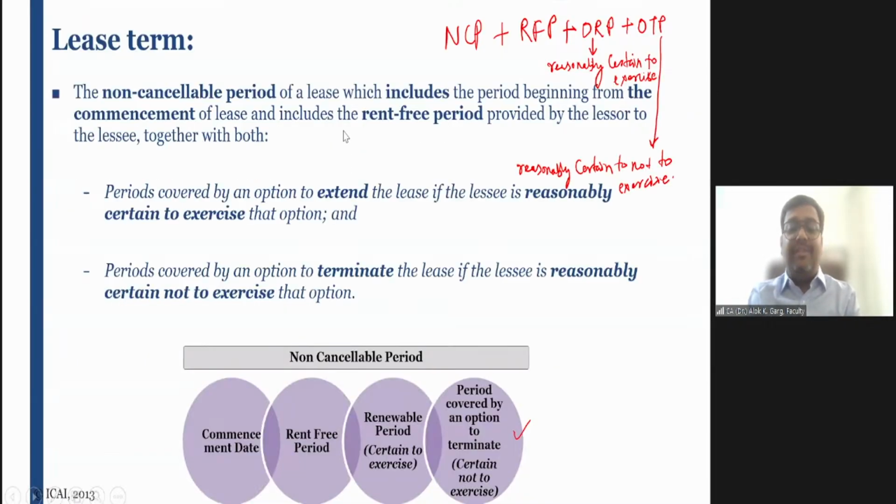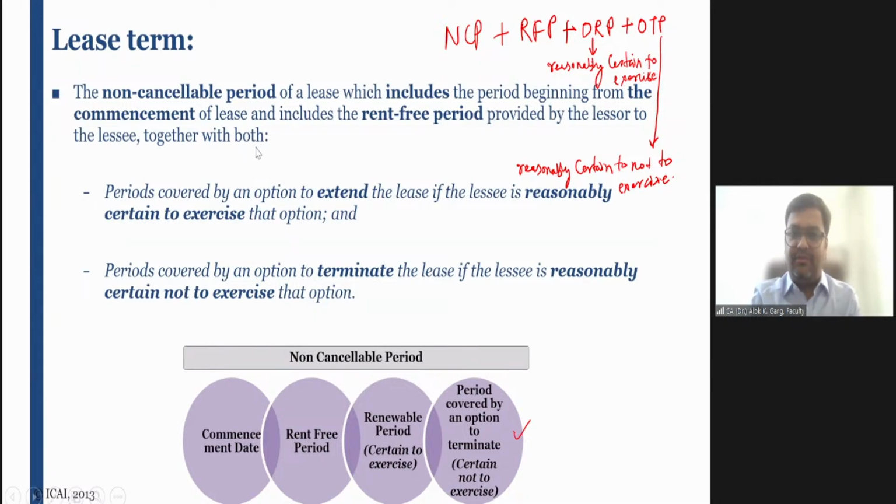So now if you read this lease term, you will be able to understand this. Lease term is the non-cancelable period of a lease which includes the period beginning from the commencement of lease and includes the rent-free period provided by the lessor to the lessee, right?